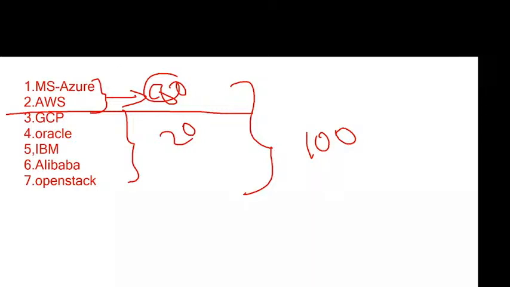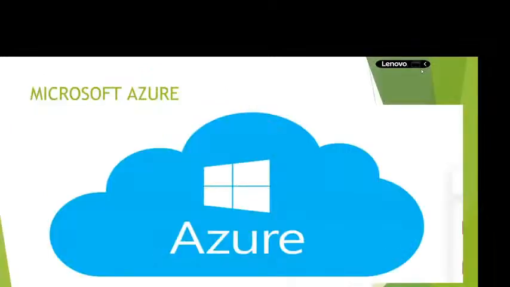So why Microsoft Azure? Why not AWS? Microsoft will say I am the market leader, AWS will say I am the market leader. What is the difference between both of them? Why should we go for Microsoft Azure? What services are very flexible in Azure? What things are not there in AWS? All that we will discuss in detail.